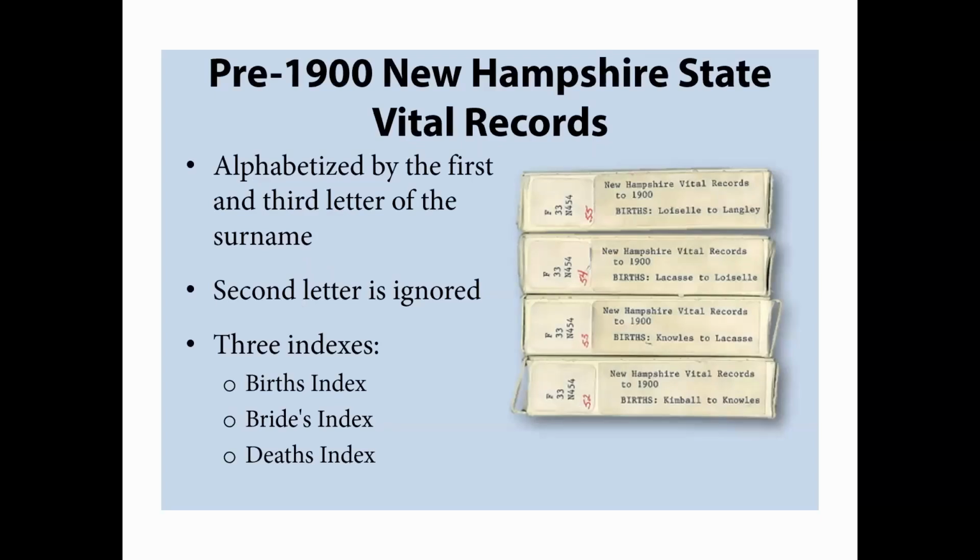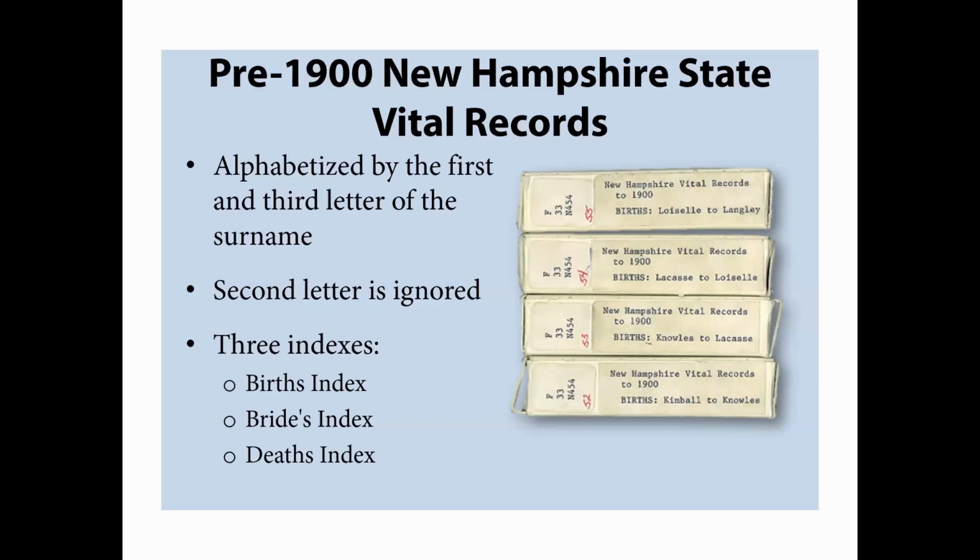Now, there are different versions of Soundex codes that we might find in more specific locations. For example, when you're looking at New Hampshire for vital records prior to 1900, they have a version of Soundex where they alphabetize by the first and third letter of the surname and ignore the second letter, which a lot of times might be a vowel.